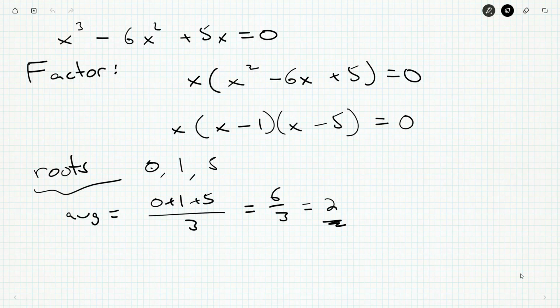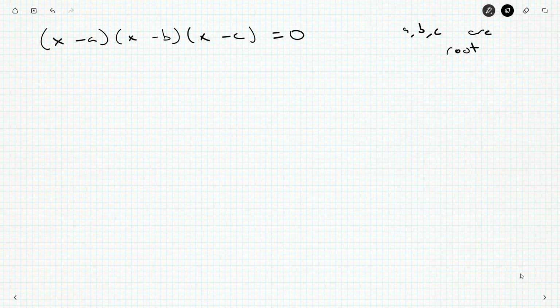Now, if I wanted to be fancy and do it the same way I did A and B, I could explain how the cubic works. So a, b, c are roots. When I expand this out, I'm going to get x cubed minus a plus b plus c, x squared.